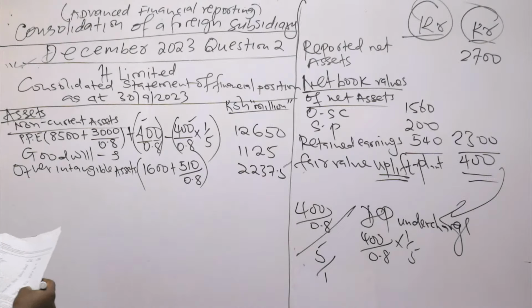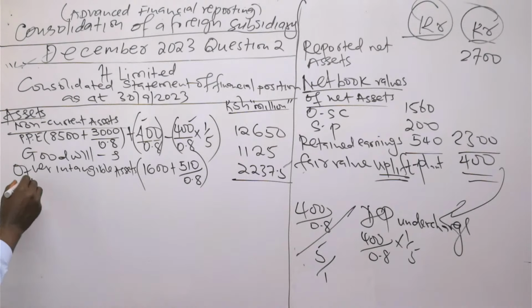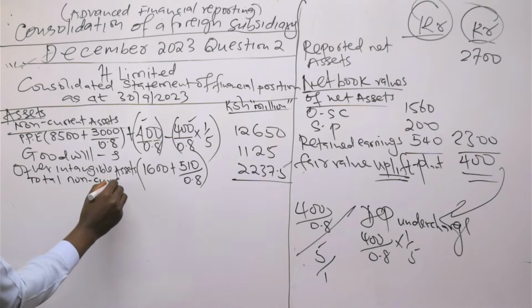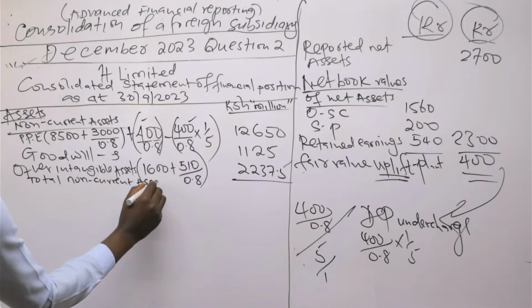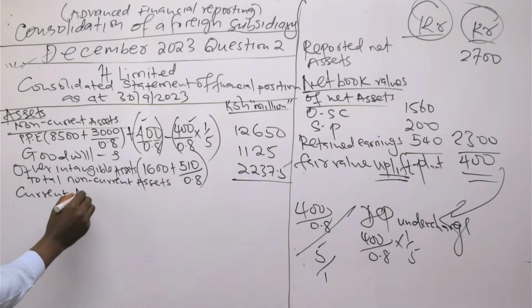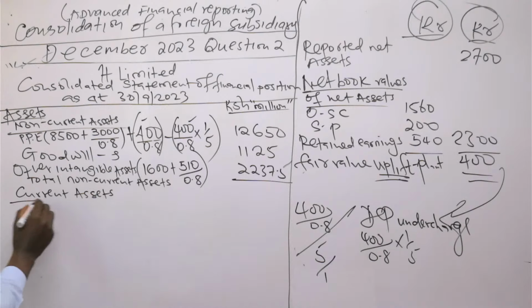We are done with non-current assets. You can get the total there, total non-current assets. The next thing we talk about is current assets.